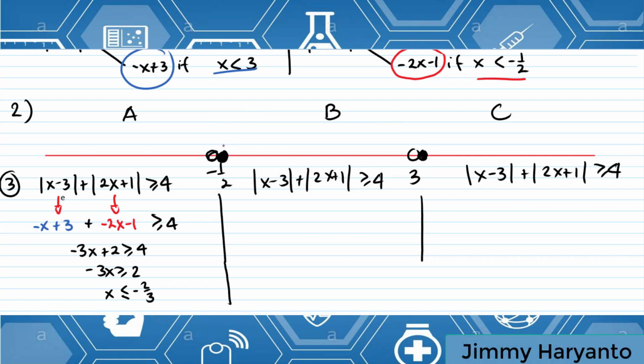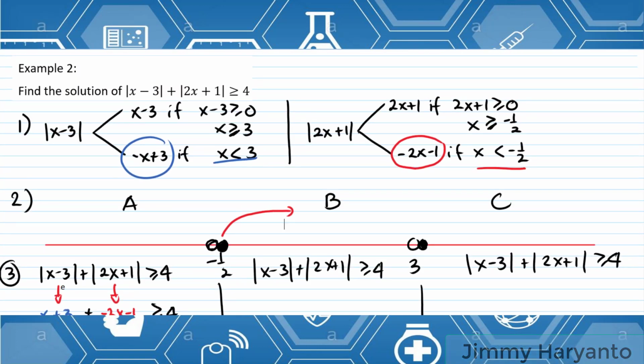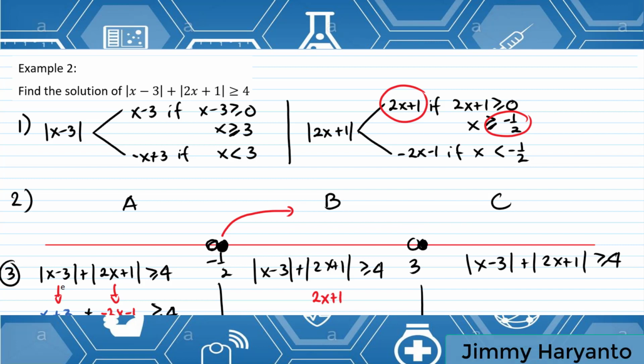Room B is at the right side of negative half, so I have to choose the greater one because it's going to the right side. The greater is this one, so I have to choose this, 2x plus 1. And then room B is less than 3.